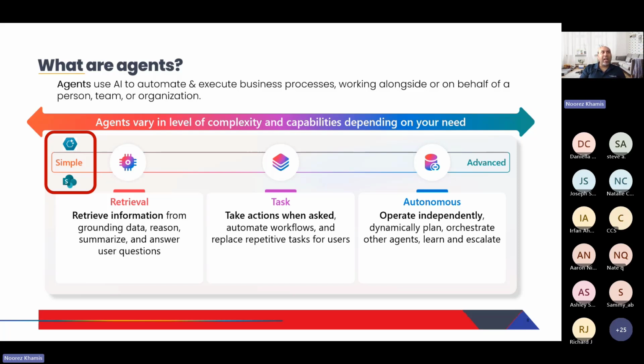If you look on this slide, on the left-hand side we've got agents such as SharePoint agents, as well as declarative agents within Copilot Studio, the immersive view, which are very simple to create. They do RAG, retrieving information from a retrieval standpoint by grounding on your data. Then there are agents more in the middle of the spectrum, which are task-oriented and able to take actions when asked, and they can do things like automate workflows.